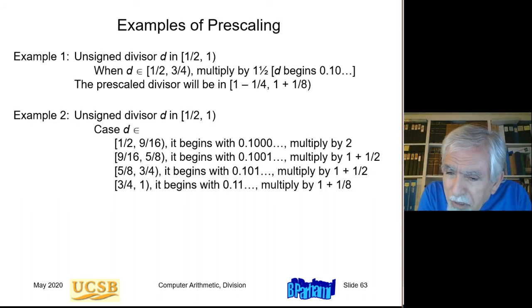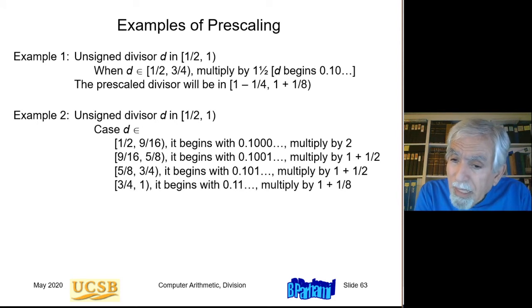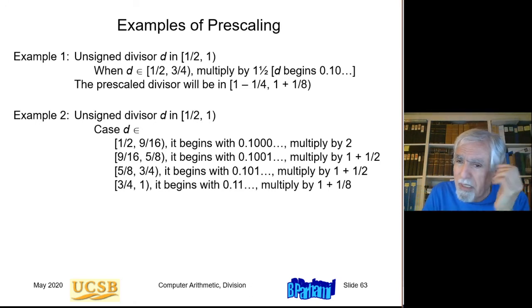And this example 2 shows that I can take the divisor in 1/2 to 1 and scale it differently for different subranges. So for the subrange 1/2 to 9/16, which is characterized by the starting bits 0.10000, I multiply by 2. So the divisor is pretty small in this range.